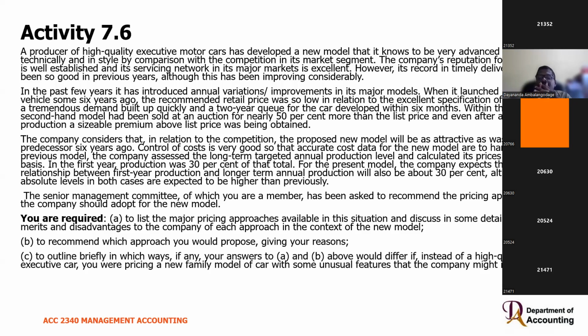The third one is a car with unusual features that the company might introduce. In this context, even though they are at 30% capacity, demand for this particular model seems very high, and in the second-hand market there is also a very high price.